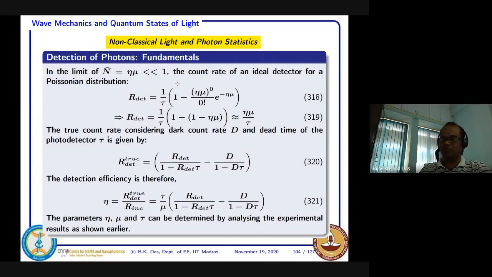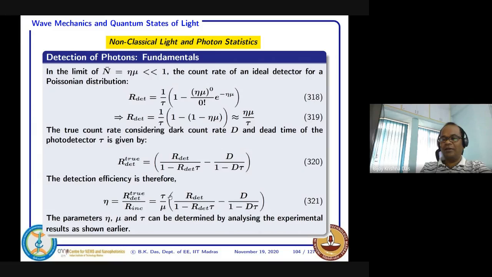So if it is this tau, you don't confuse this tau with the dead time. Okay, both the taus are different. This is just an arbitrary sampling time. If you just consider that arbitrary sampling time, then it is fine actually. But in this expression, this tau is the actual dead time.